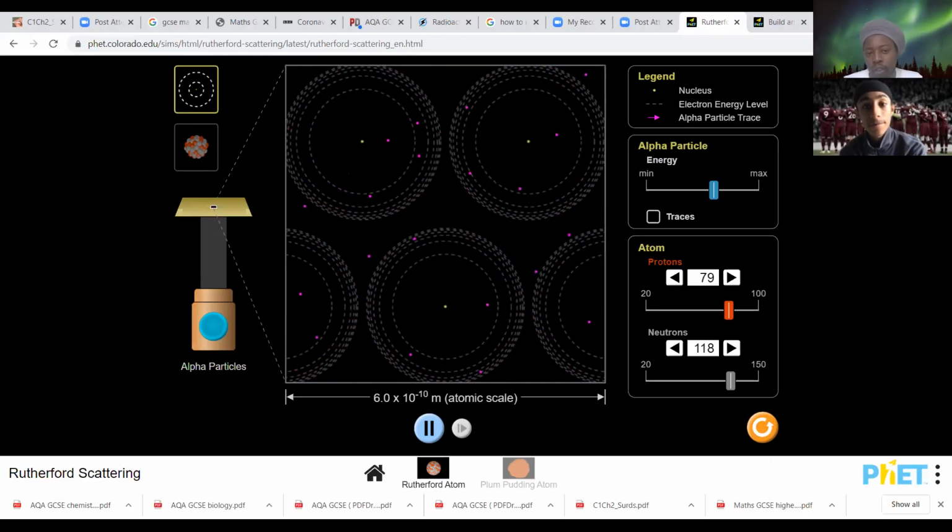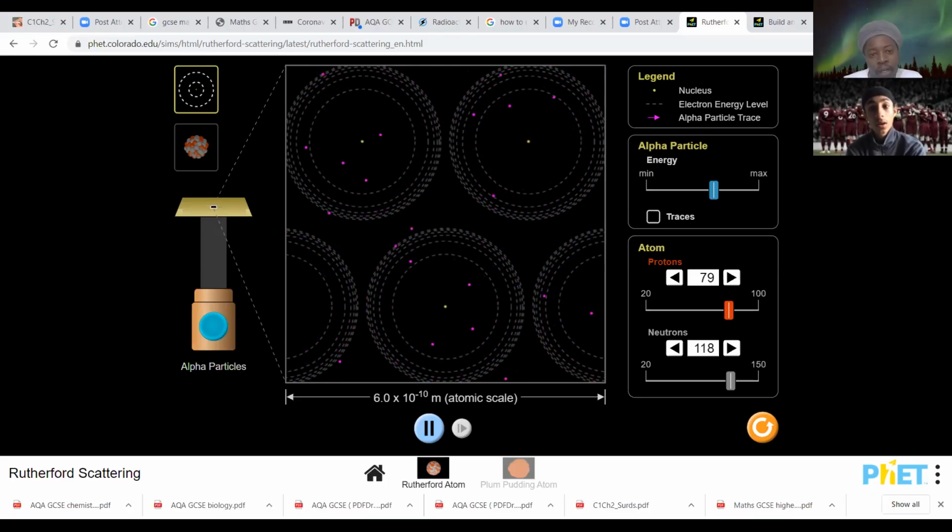The first conclusion he drew was that an atom must be mostly space. Very counterintuitive, because if you look at your body or feel your own skin, you don't feel holes and spaces in you, do you? You feel very compact, very solid. But based off these results, they had to conclude that an atom must be mostly space.